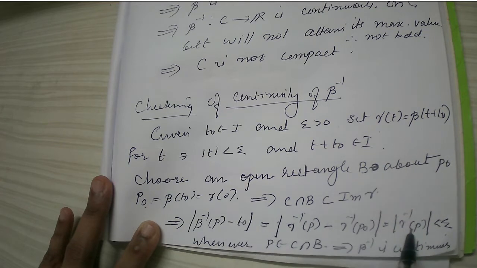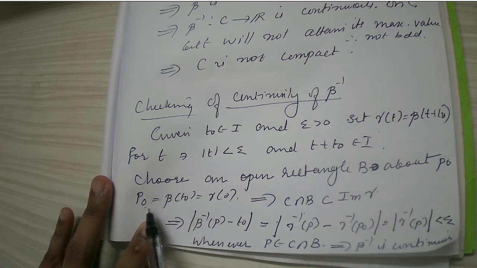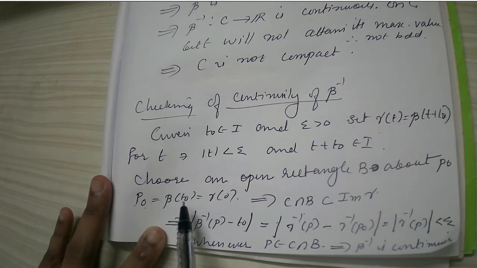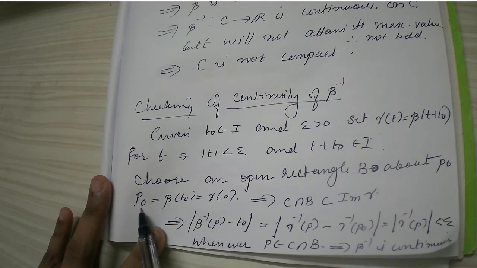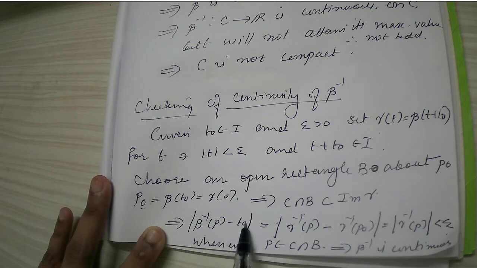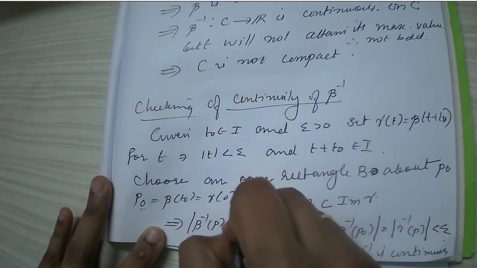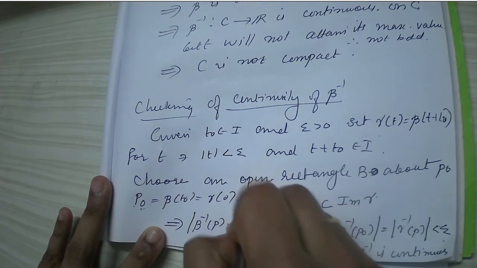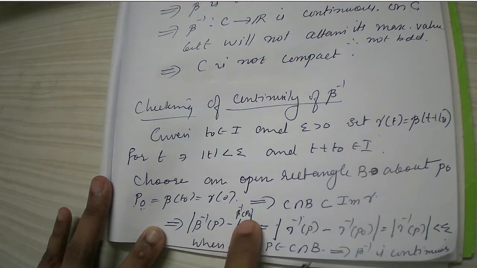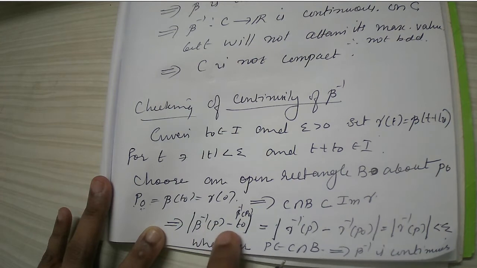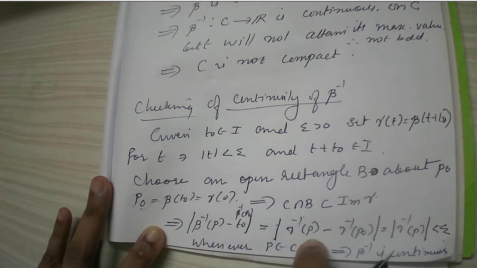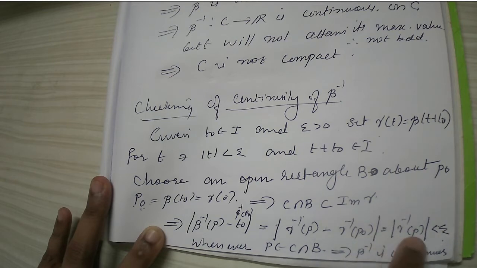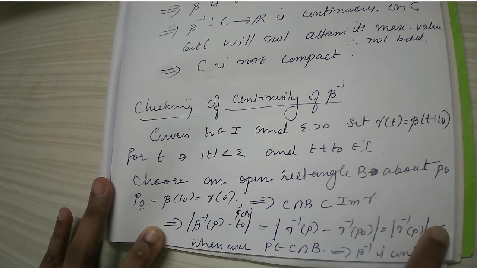Beta inverse of P naught is the same as gamma inverse of P naught, correct? So beta inverse of P minus beta inverse of P naught means beta inverse of P minus T naught, that is the same as gamma inverse of P minus gamma inverse of P naught, that is gamma inverse of P, which will be less than epsilon.